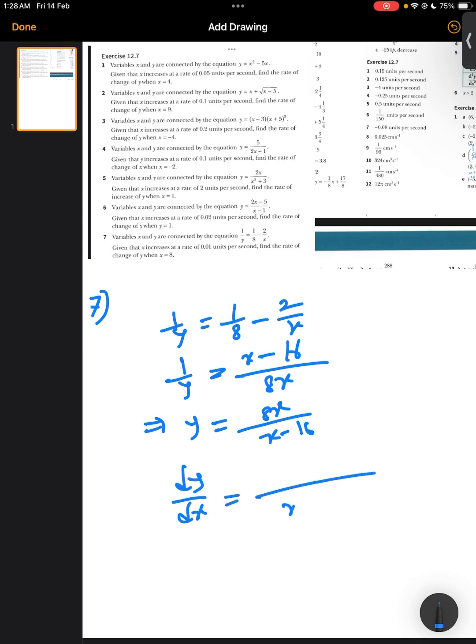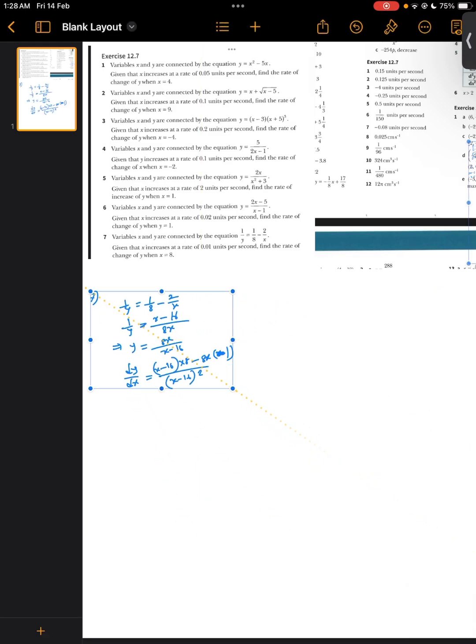So differentiation is (x minus 16) square, (x minus 16) times 8, minus 8x times 1. Only 1 here. Take this as a 1.